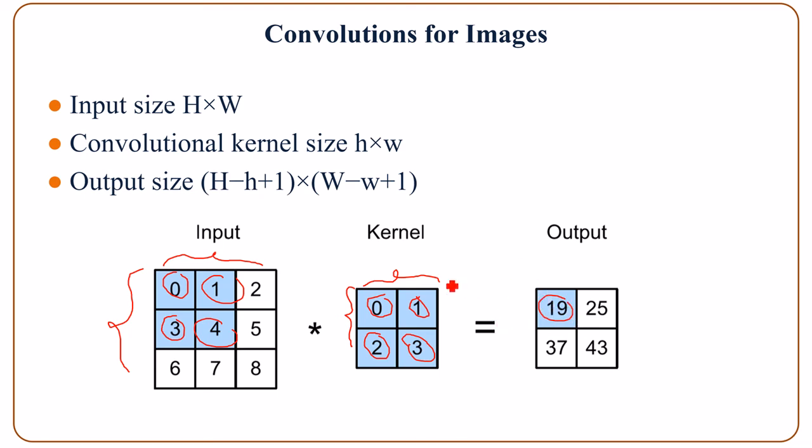We then shift the kernel to the right by one column and calculate the element-wise multiplication between the elements of the kernel and elements of the input image again. And what we have is 25.